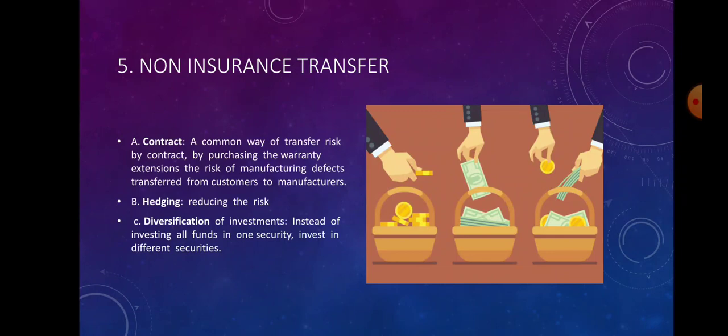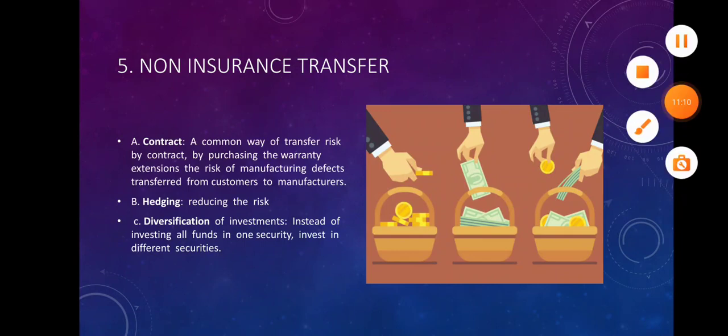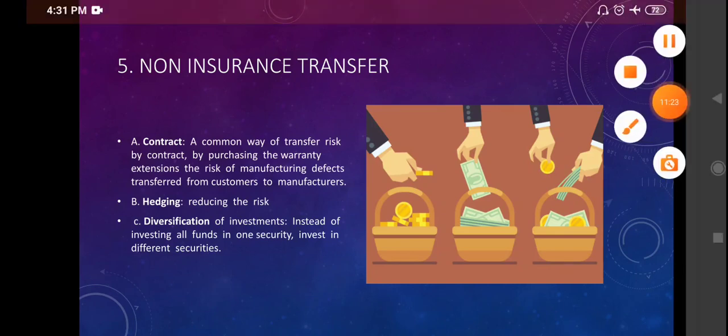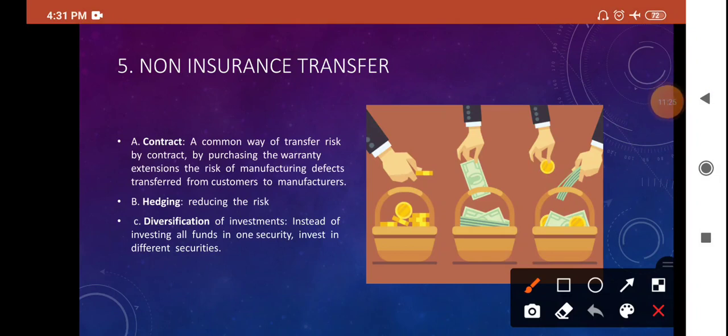Next is diversification. I think you have heard the word portfolio management. Portfolio management here means a basket of investments. Instead of investing in one investment, we divide or diversify our funds into several investments. Like in the image, instead of investing in gold only, he is investing in cash and also in both cash and gold.